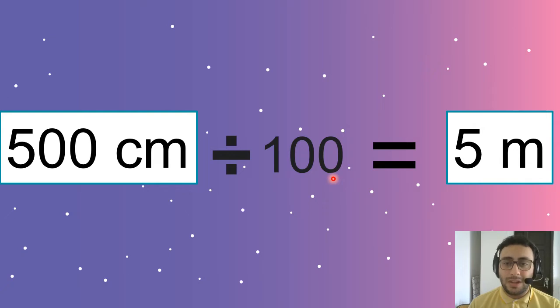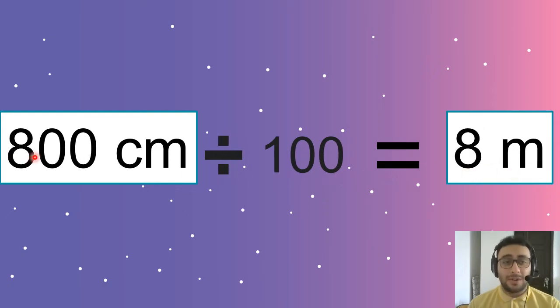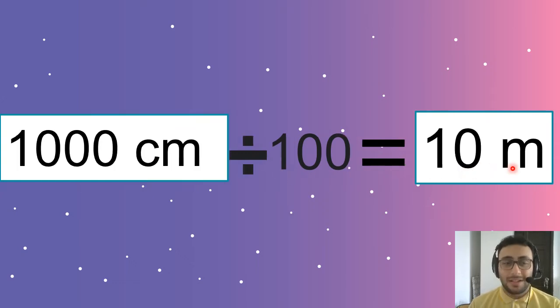Divided by 100 is 5 meters. Even 800 centimeters, we divide by 100 equals 8 meters. Oh, 1,000 centimeters divided by 100 equals easy 10 meters.